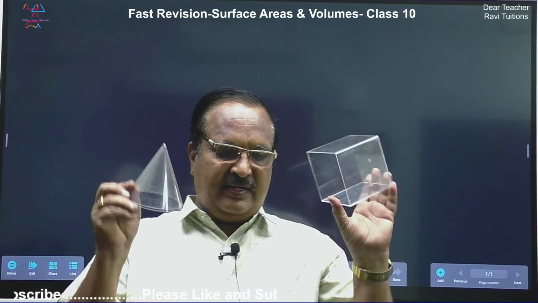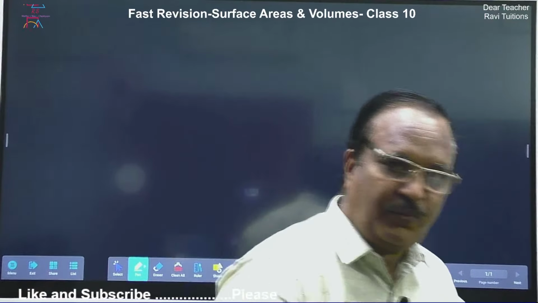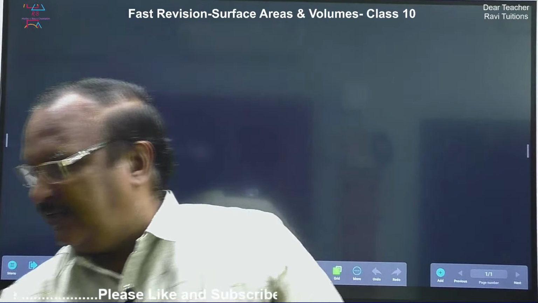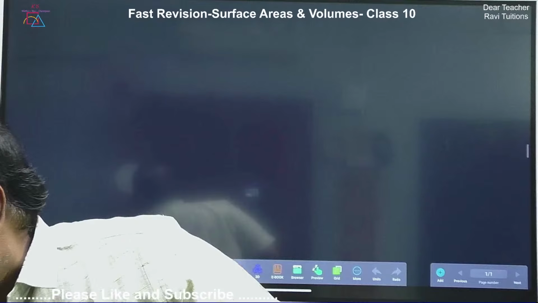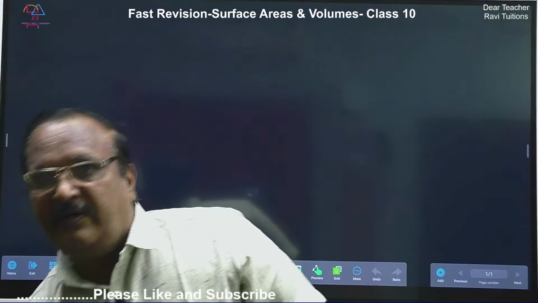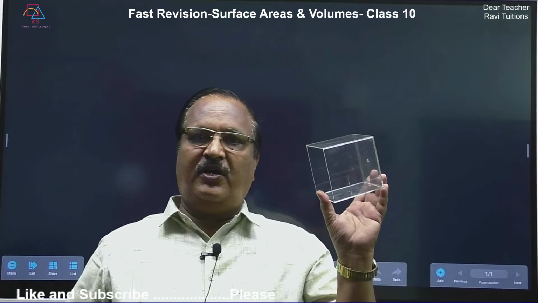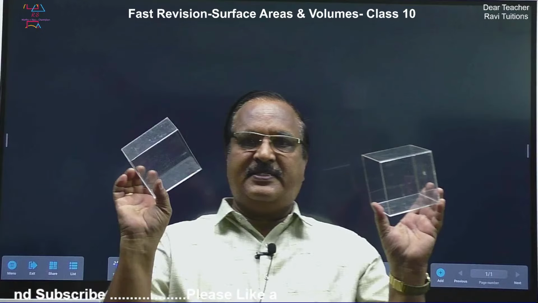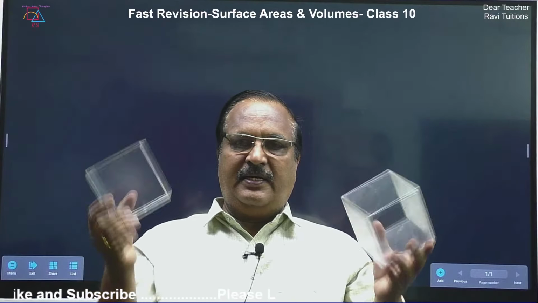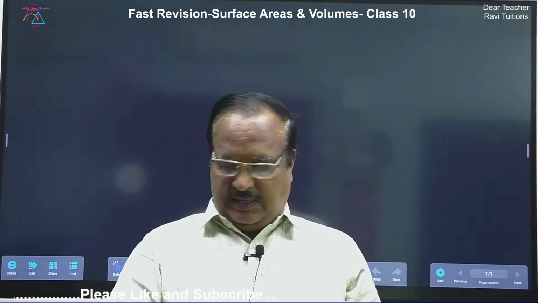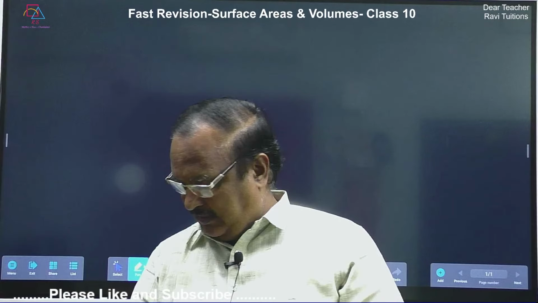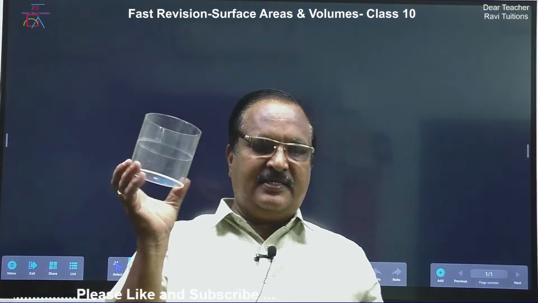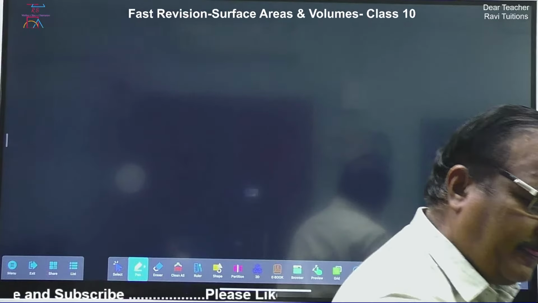Okay, so solid figures occupy space, right? So you should be aware of solid figures. This is a cuboid, right? This is a cube, and this is a cylinder, and this is a sphere.